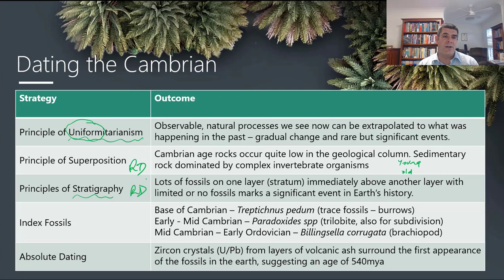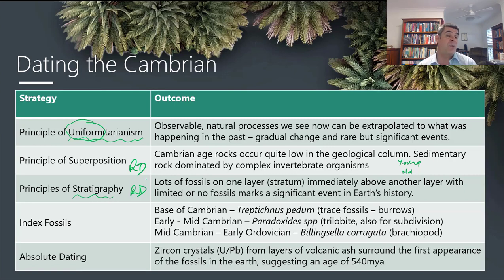Once we get into this idea of stratigraphy, particularly if we're looking at the fossil assemblages, then we're starting to see if there are some significant links between the fossils that we find in one place and the fossils that we find in others. One of the key areas in which we know about a lot of the diversity of the Cambrian is in the Burgess Shales.